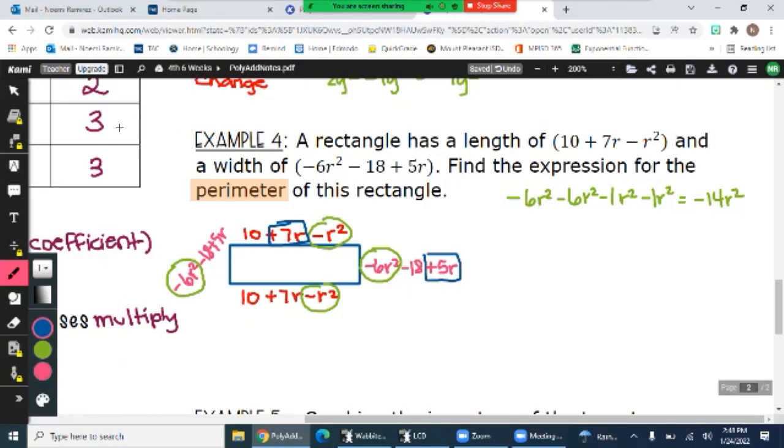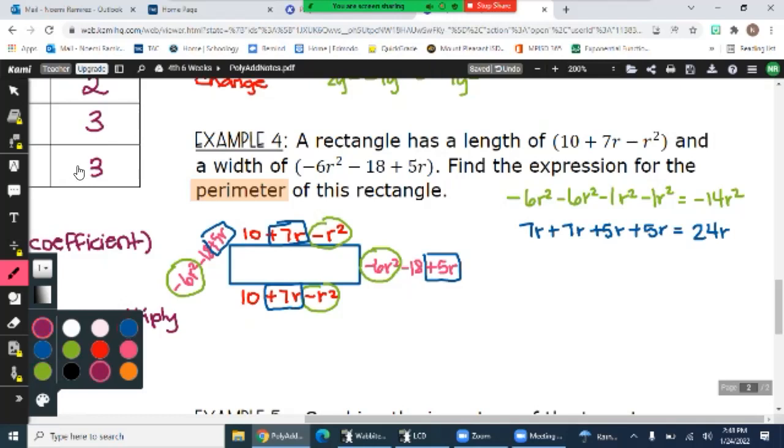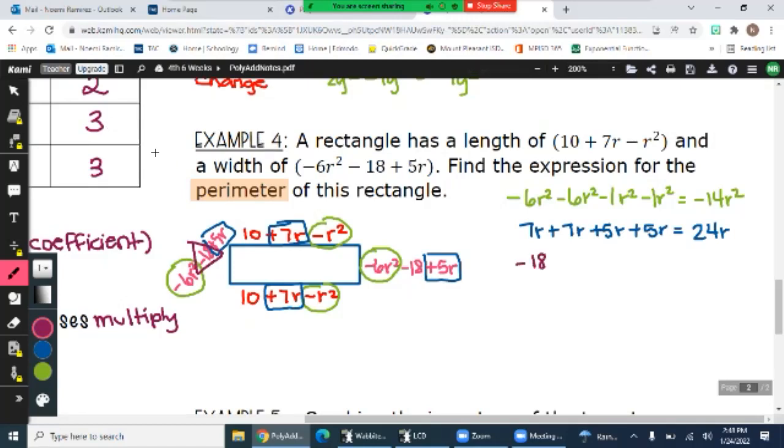5r. I have a couple of 5rs and a couple of 7rs. All right, so 7r plus 7r plus 5r plus 5r. What does that get you? 24. Good. And last but not least, what can I combine with -18? The 10s.